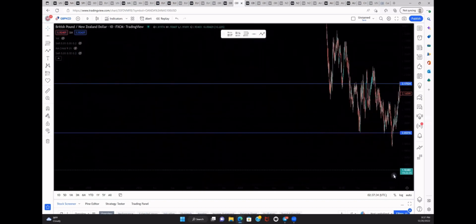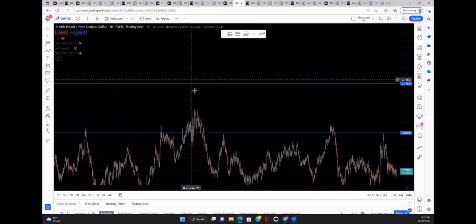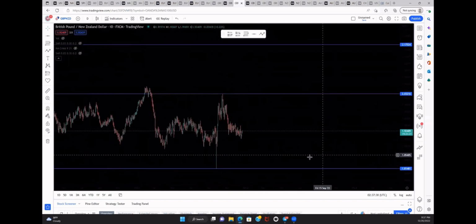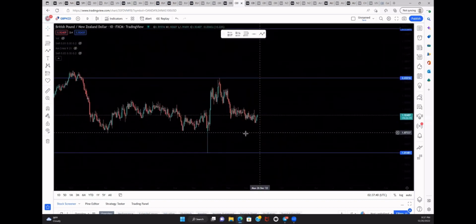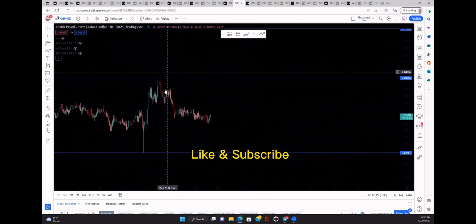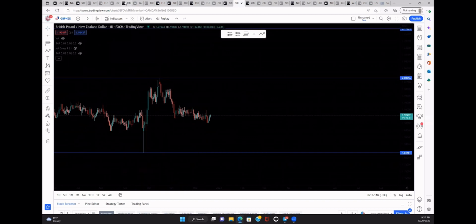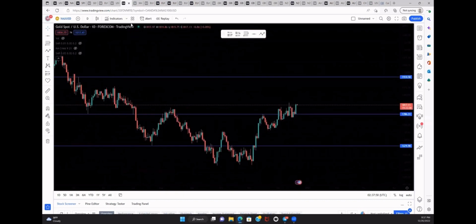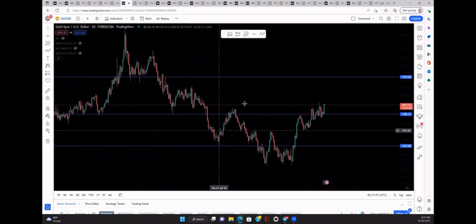So again, that's just the power. All I did was identify these wicks where these harsh rejections are. You can trade off those levels, or you can trade off identifying the support resistance levels and trading off the zones. So there's a bunch of different ways in this strategy you can use this to catch pips. And this is just the simple stuff.